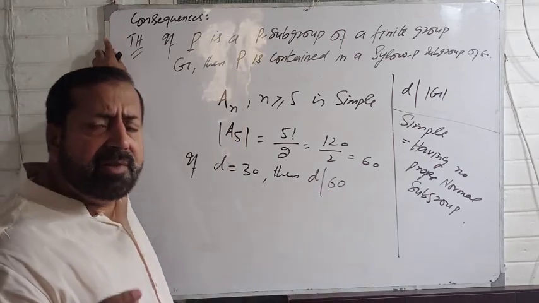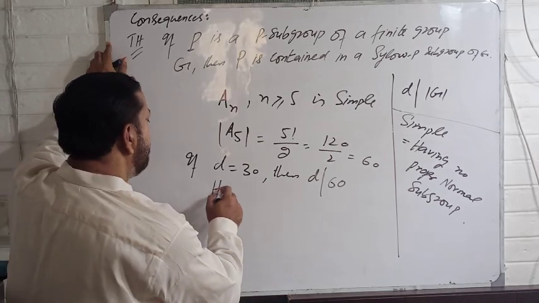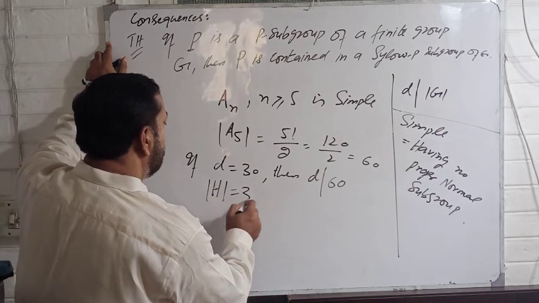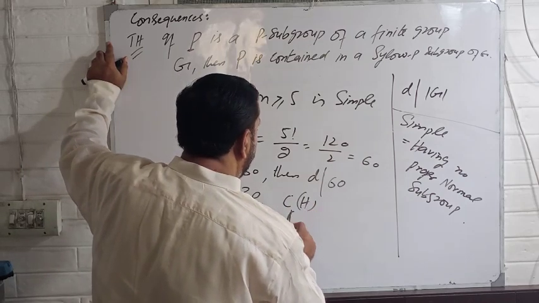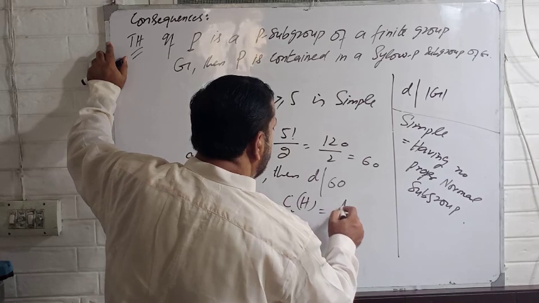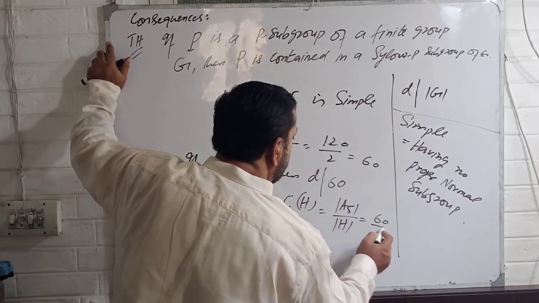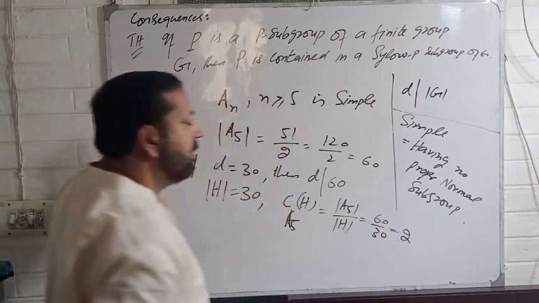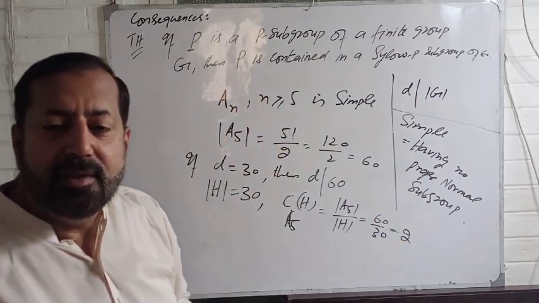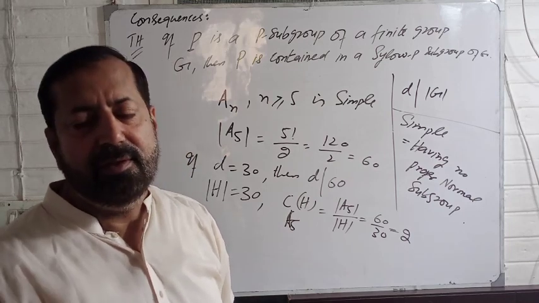Suppose you have a subgroup H of order 30. Then the index of H in A5 would be the order of A5 divided by the order of H, which is 60 by 30, which is equal to 2. And you know that if the index of a subgroup is 2, then it is a normal subgroup.